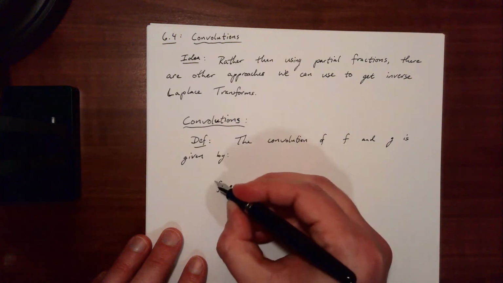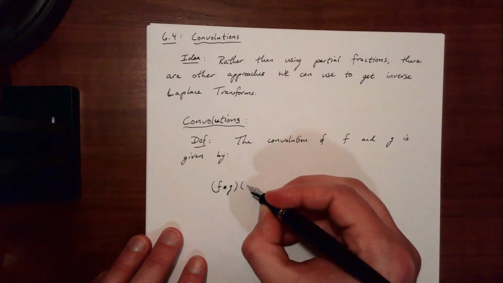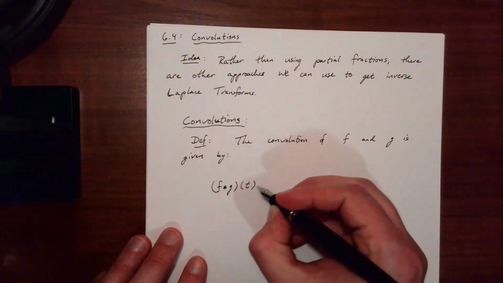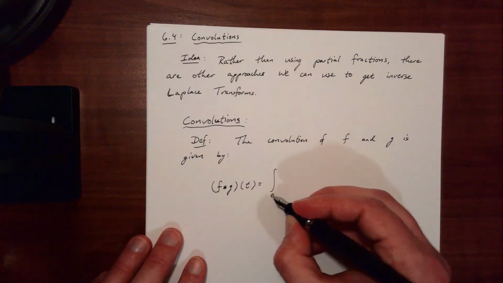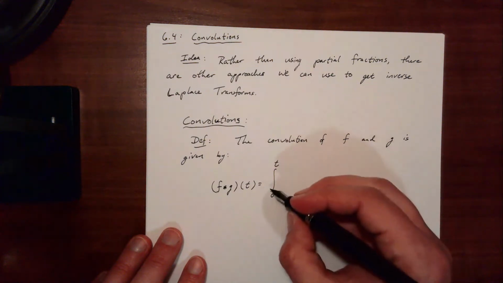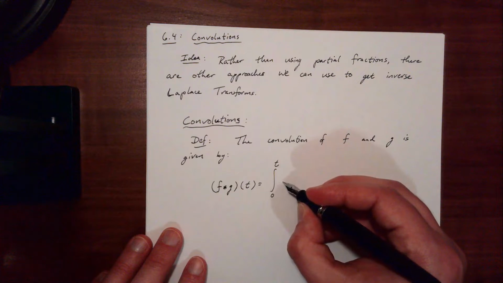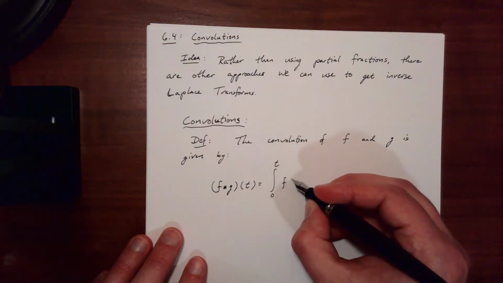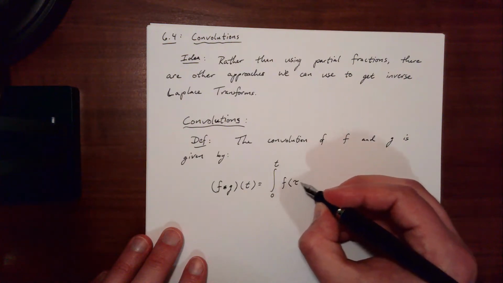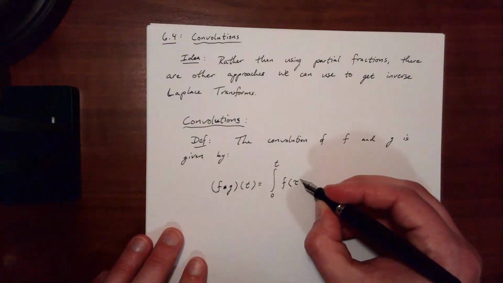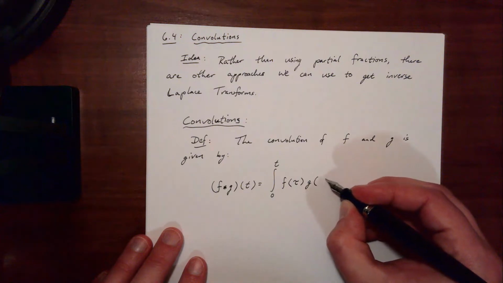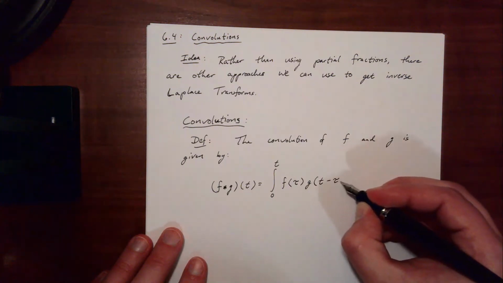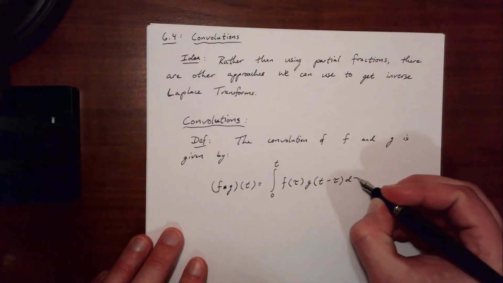So it's not times, it's a convolution. And that evaluated at t is equal to the integral that goes from 0 to t, and now inside the integral it needs a different variable. In particular, it will be f of tau, and then times g of t minus tau. And that would be with respect to tau.